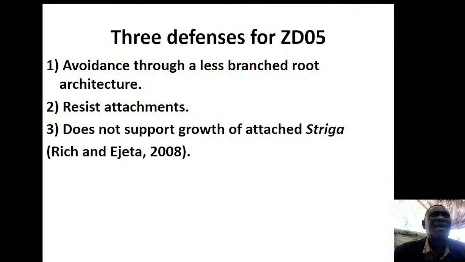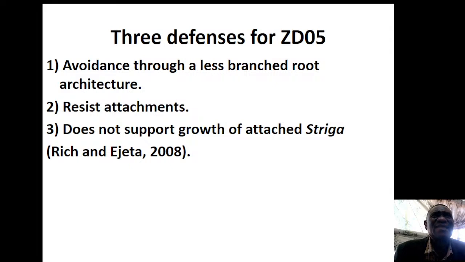So how does ZD05 resist the Striga infection? It could be through avoidance, through less branched root architecture, but this is to a low extent. Then it can resist attachments. If you look at the life cycle of Striga, at the point of attachment, we can interrupt attachment using this ZD05.